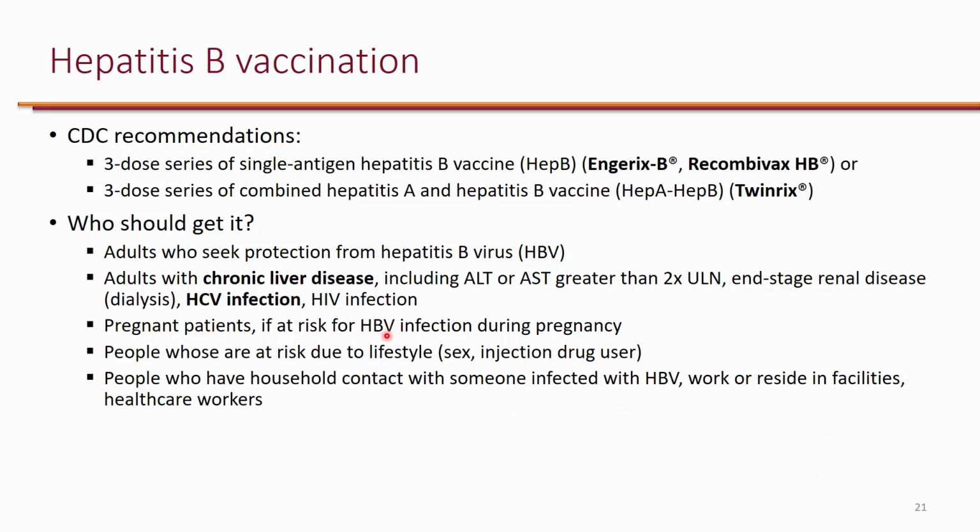Otherwise, Hep B is not contraindicated, but if the person is not at risk, then it's best to just delay it until after pregnancy to be safe. Other people who are at risk of getting Hep B include lifestyle risks. So, for example, sex workers, people with multiple sex partners, and men having sex with men, as well as injection drug users.